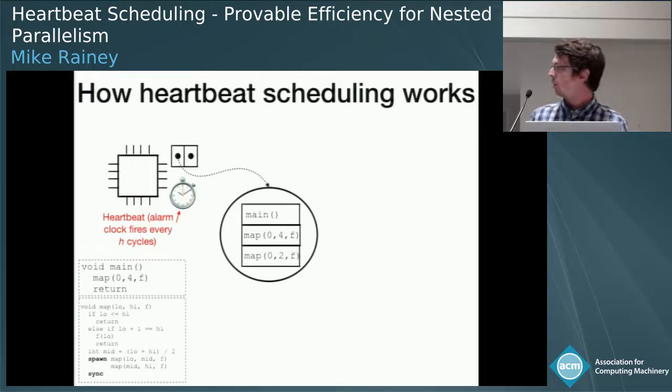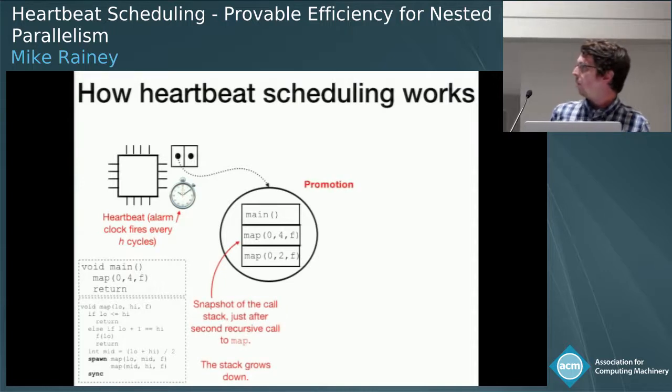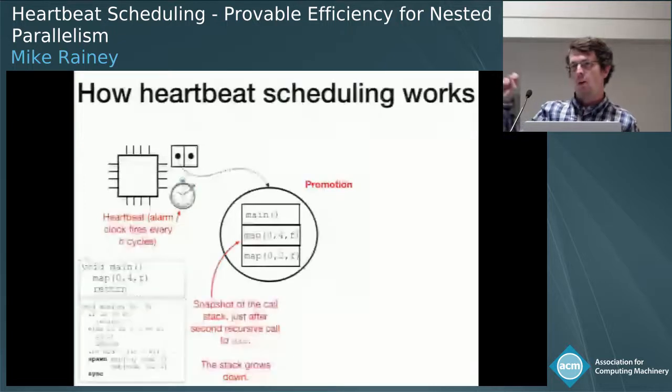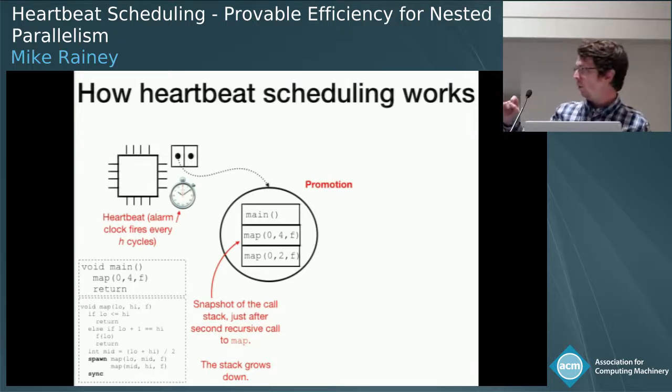We're going to use this map function as the example, and we're going to follow the execution of the call to the main function. Notice that main is calling map on the range 0-4, and the heartbeat is stopping the program right at the core, that is right at the point that it's at the second call to map on the range 0-2.